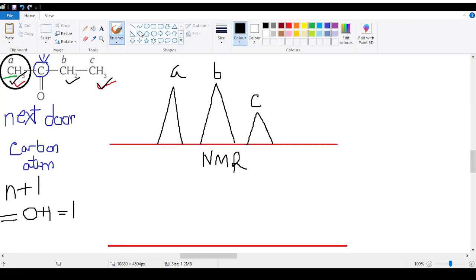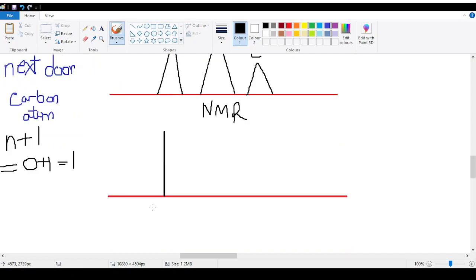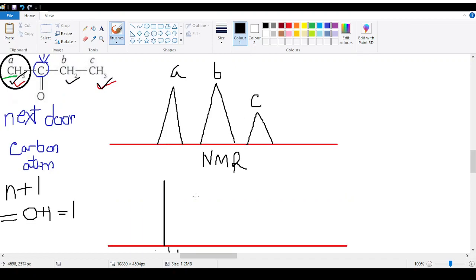So for those three hydrogens inside the circle, you're going to get a single line, all right? And we call this a singlet.